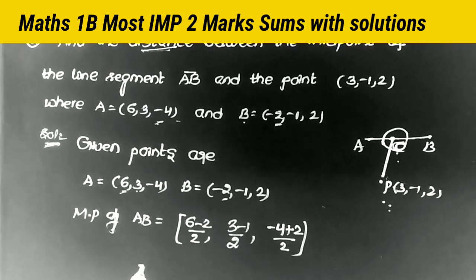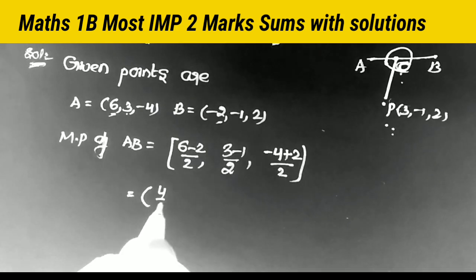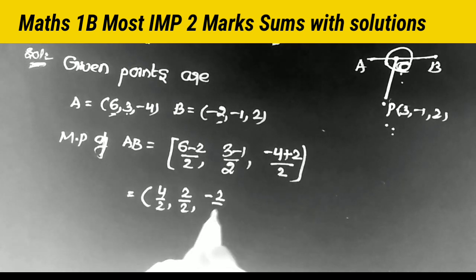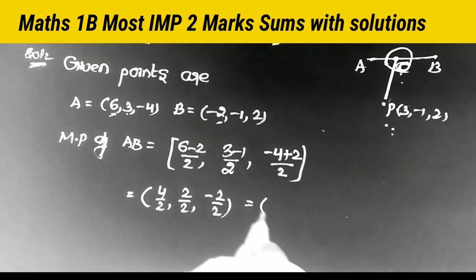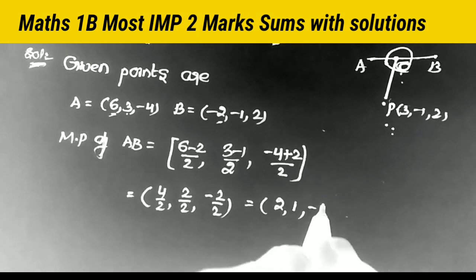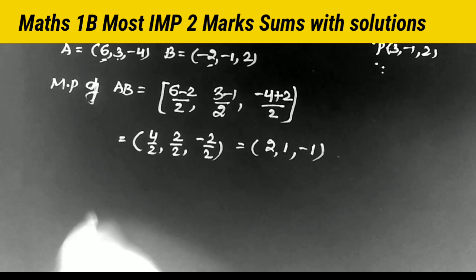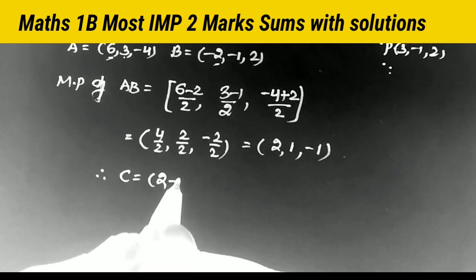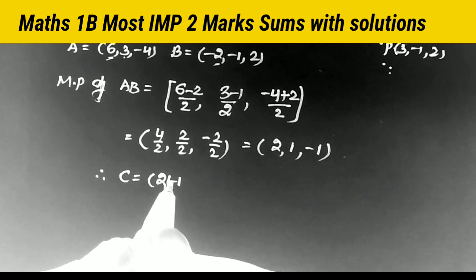So this equals 4/2, 2/2, -2/2, that is (2, 1, -1). We take this midpoint as C. Therefore, C = (2, 1, -1).